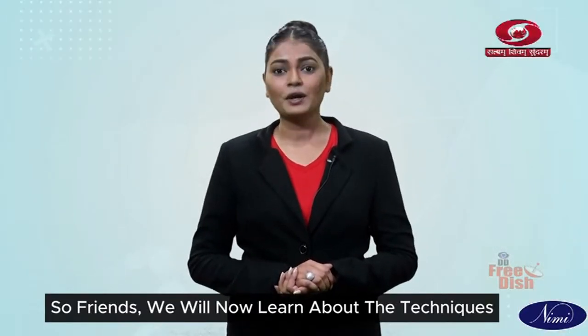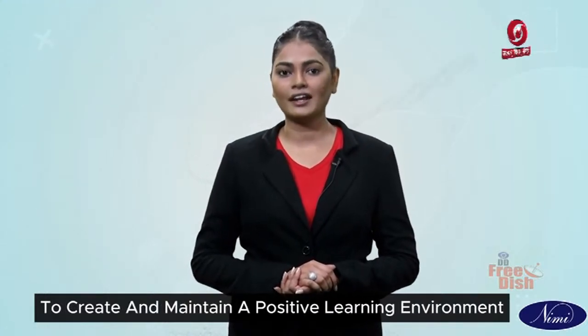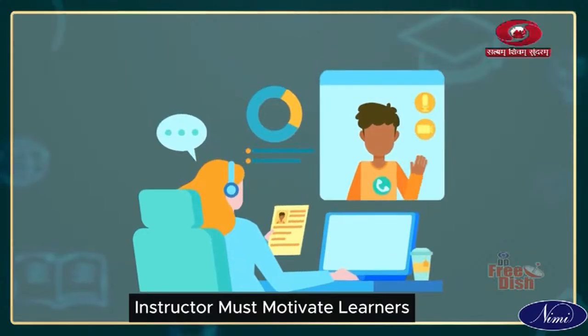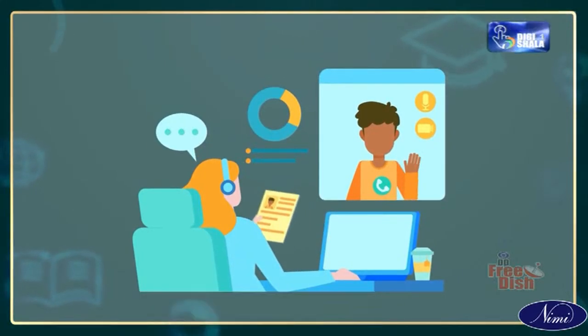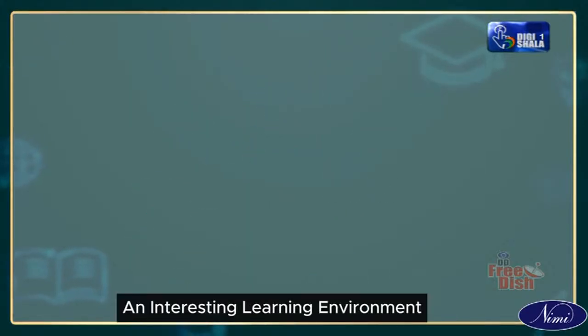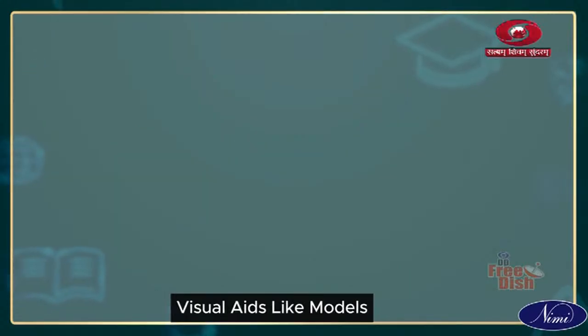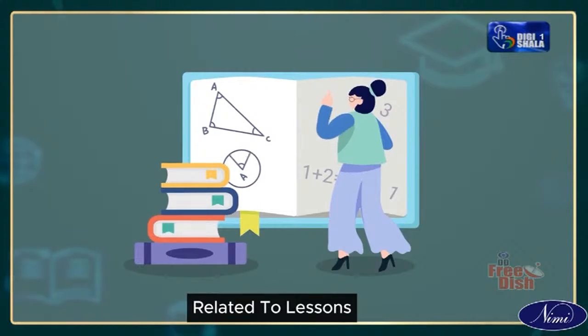So friends, we will now learn about the techniques to create and maintain a positive learning environment. Instructor must motivate learners by stimulating their senses. Stimulation of senses and interesting learning environment can be created with audio-visual aids like models, charts, and videos related to lessons.